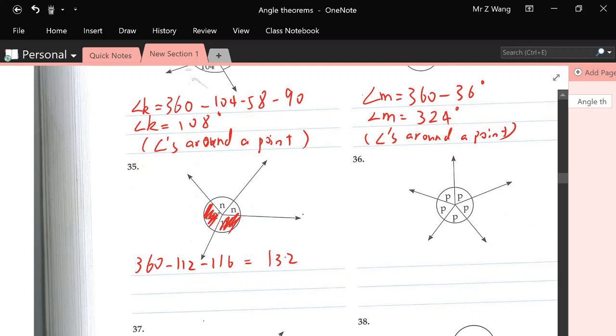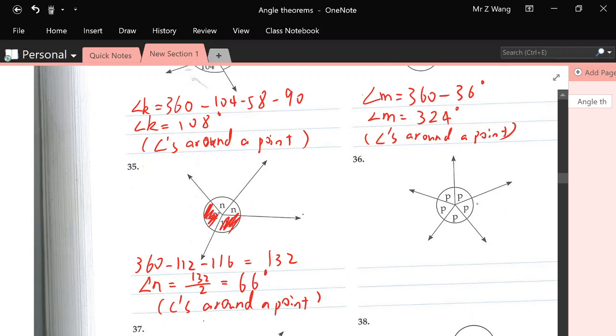But this 132 is shared between two equal angles. So each angle, angle n, equals 132 divided by 2, 66 degrees. Again, you used angles around a point. I hope it makes sense.